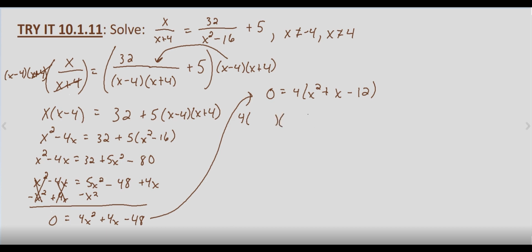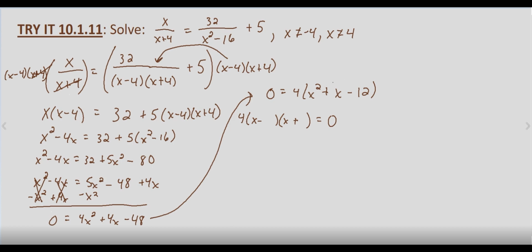we know that if it factors, it's going to be an x minus and an x plus, because it's the only way to get a product that's negative and a sum that's positive. So x minus, x plus. Now what two numbers multiply to negative 12 but add to 1?